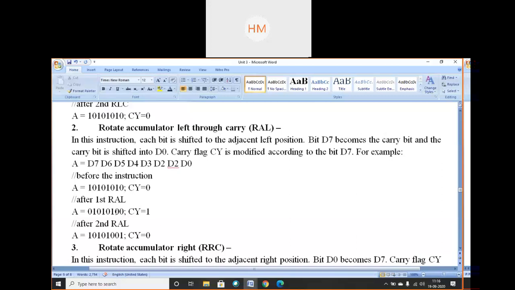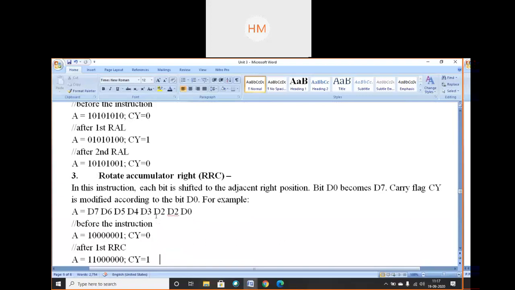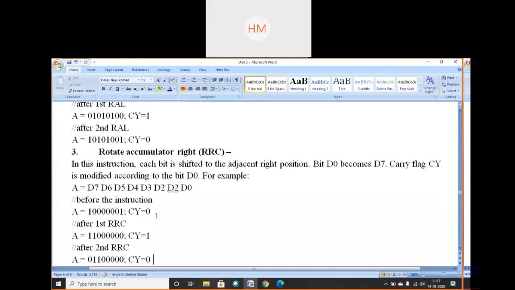After first RAL, 0 will be shifted, 111 shifting, and what will come into the carry flag? 1. The previous status of the carry flag will become your D0 bit. Okay? Next, the last status of the carry flag will be the D7 bit. Clear? Rotate accumulator right. You can see the example.